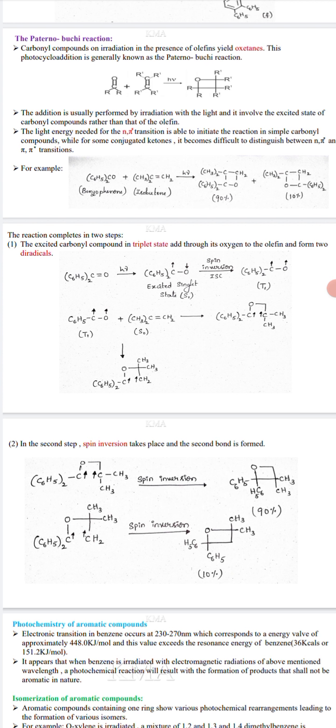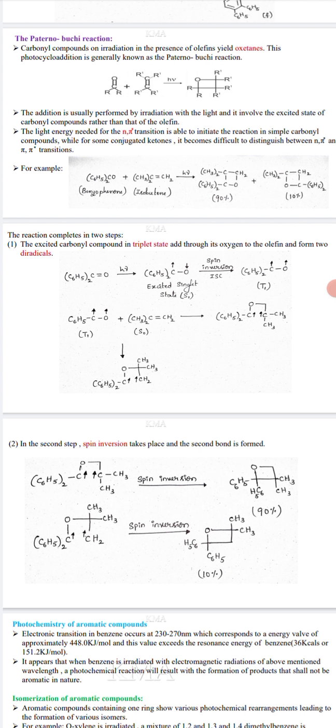The second product which is formed in the first step, that is (C6H5)2C-O-CH2-CH2, again in this case also both carbon atoms have the same direction of spin. So these carbon atoms also undergo spin inversion and give rise to the 10% minor product. This is also another oxetane.